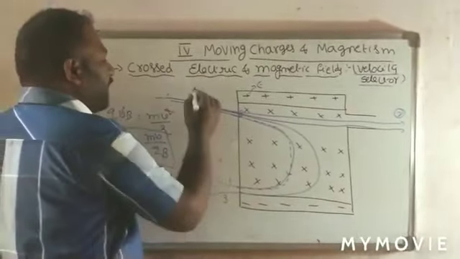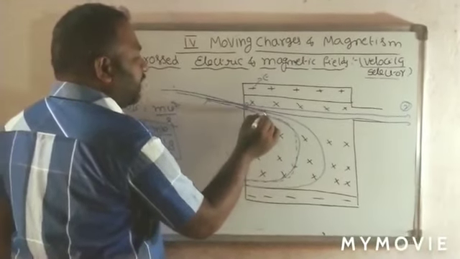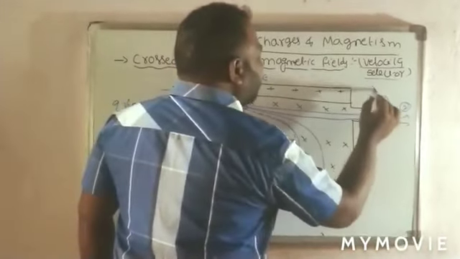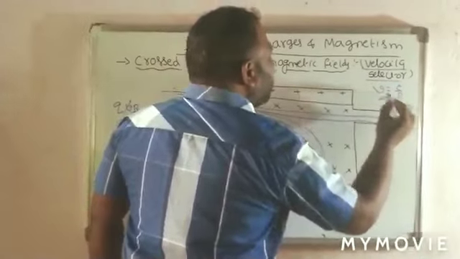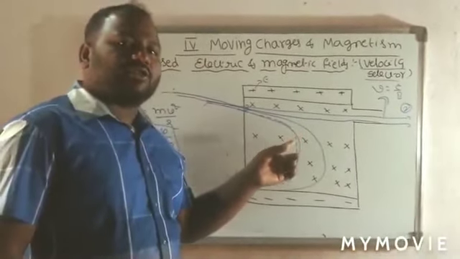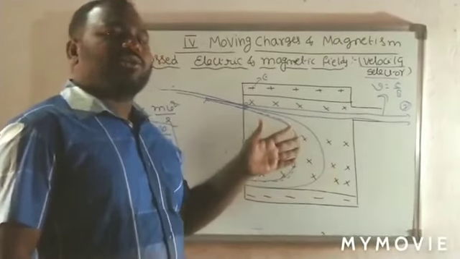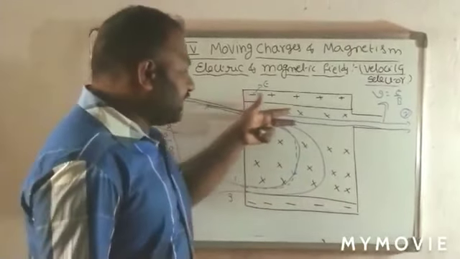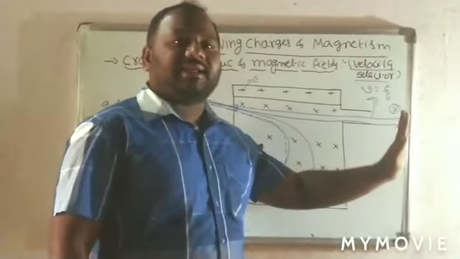But if the velocity of the second and fourth particles is equal to E by B, the force acting on those particles is zero. Due to that, they are not deflected. They move in a linear direction.